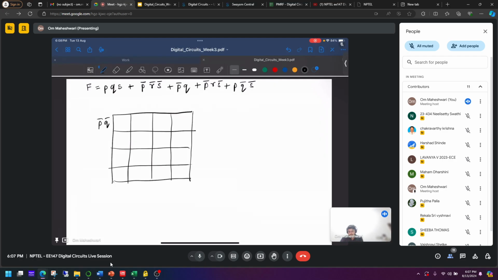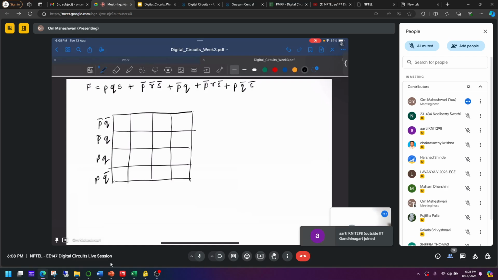The columns are s bar, s, r bar s bar, r s bar, and so on, and we don't need numbering here.